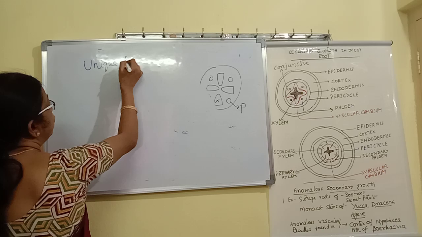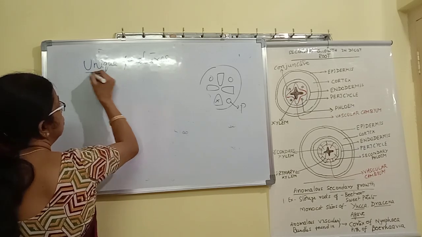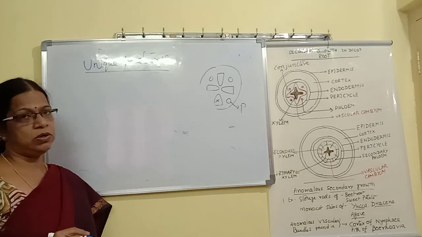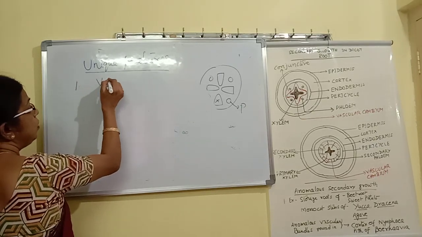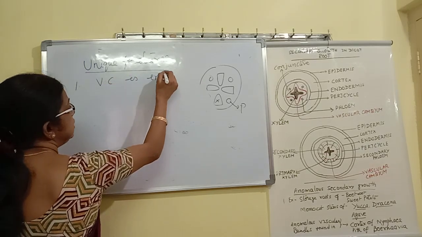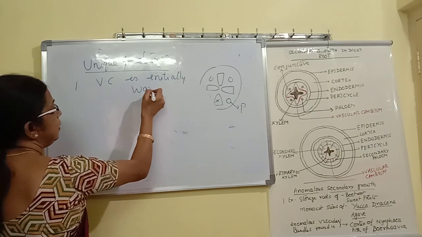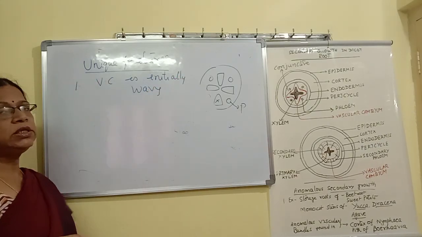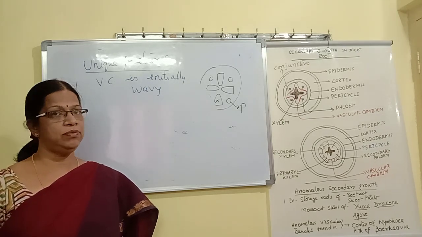First unique feature is vascular cambium is initially wavy.